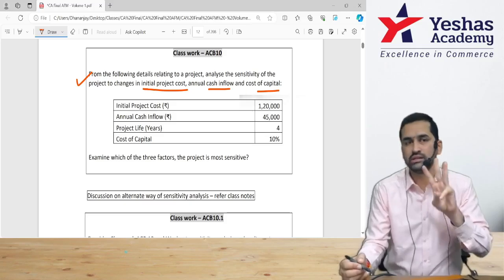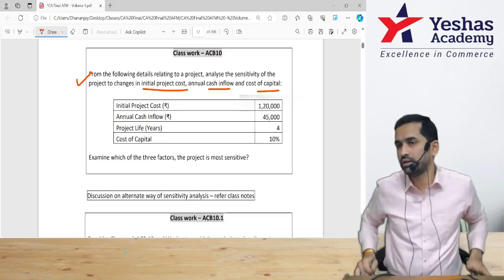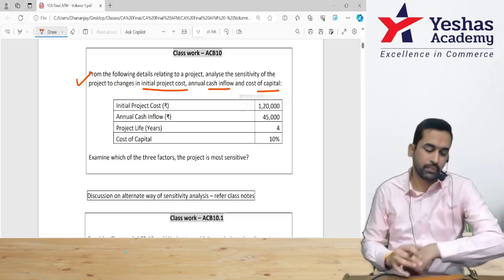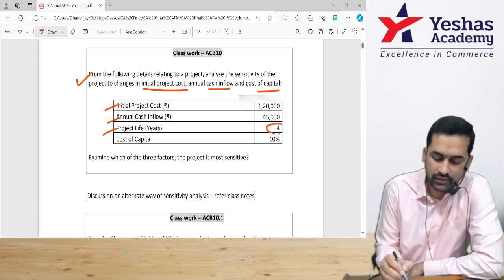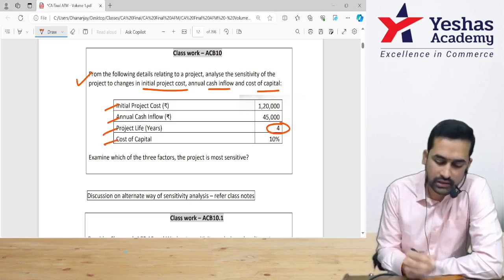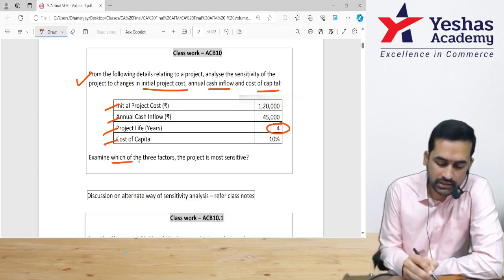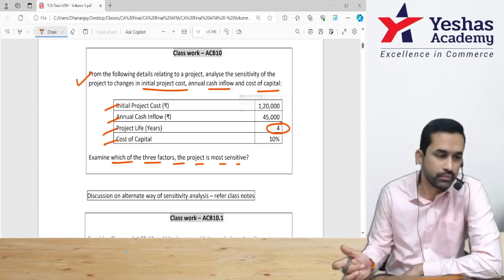You only have to do a sensitivity check for these three: initial cost, annual cash inflow, and discounting factor. Initial project cost given, cash inflow given, project life 4 years, last sum was only 1 year, and the discounting factor is 10%. Examine which of the three factors the project is most sensitive to.